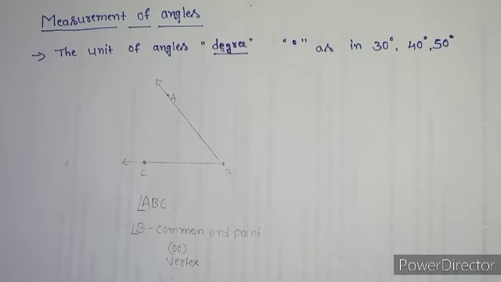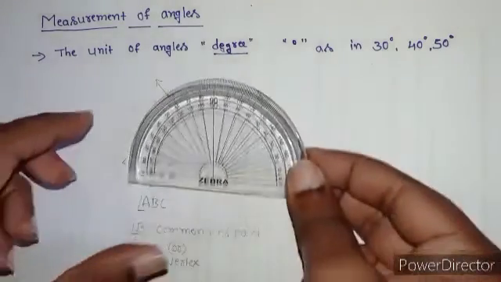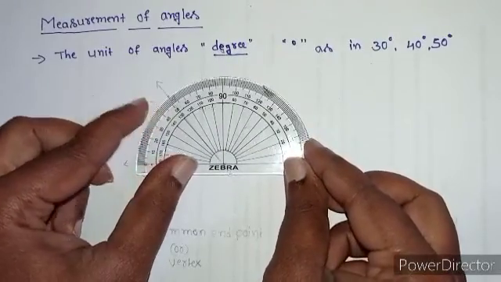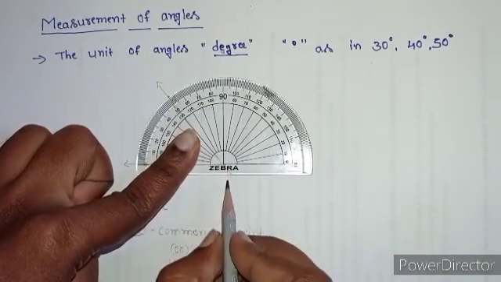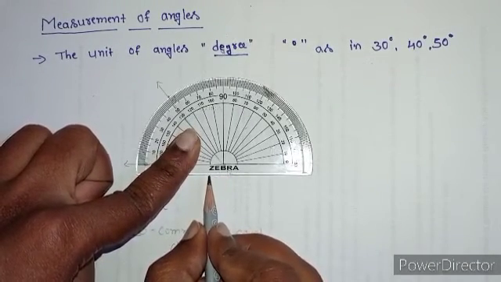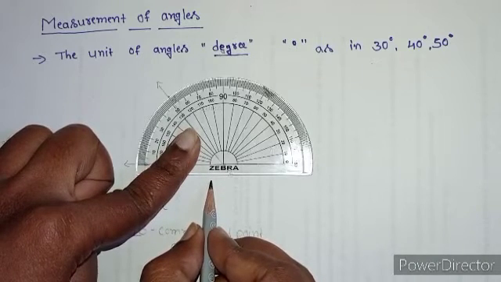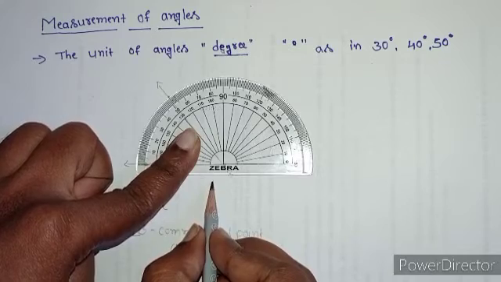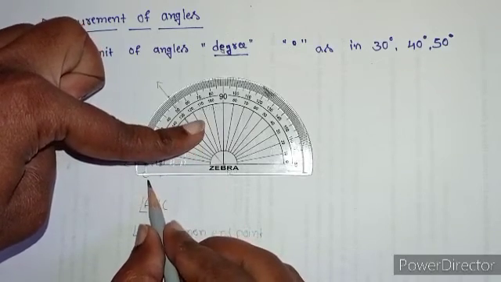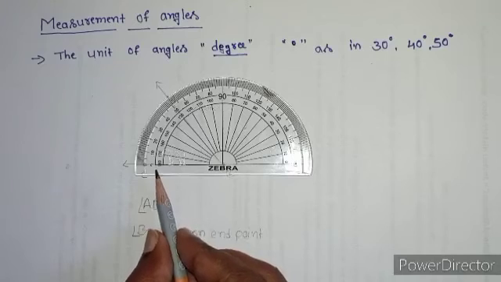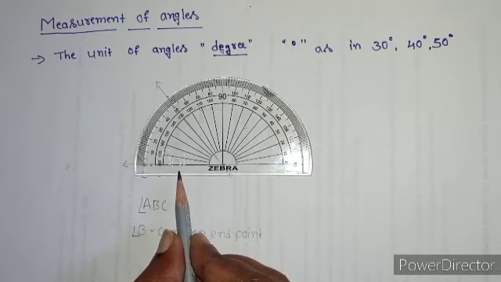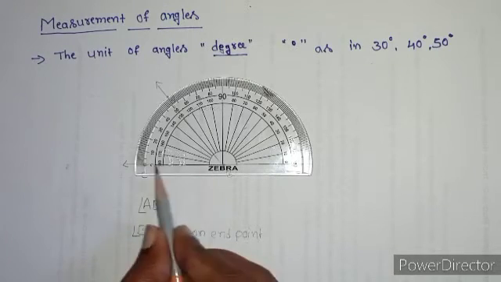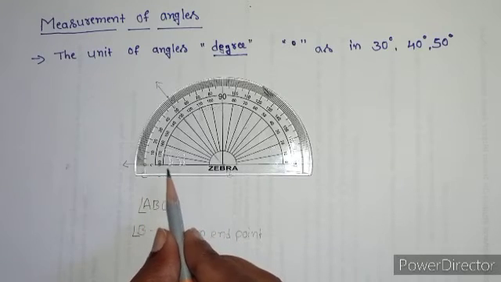Next, B is the vertex point. Place the center point of the protractor on the vertex B of the angle. All of you see here, this is the center of the protractor. Next we need to adjust the protractor in such a way that the baseline coincides with the arm BC.